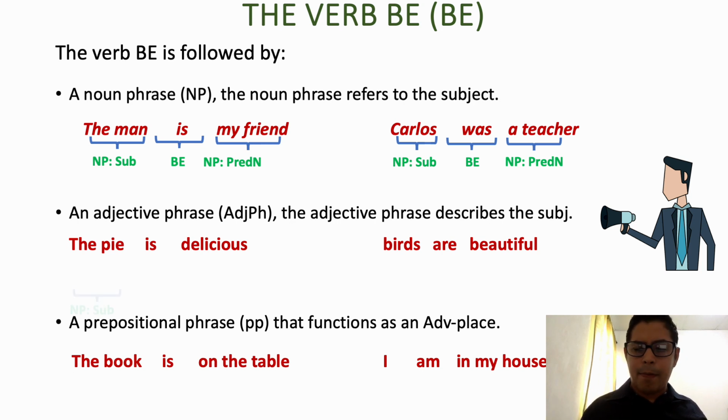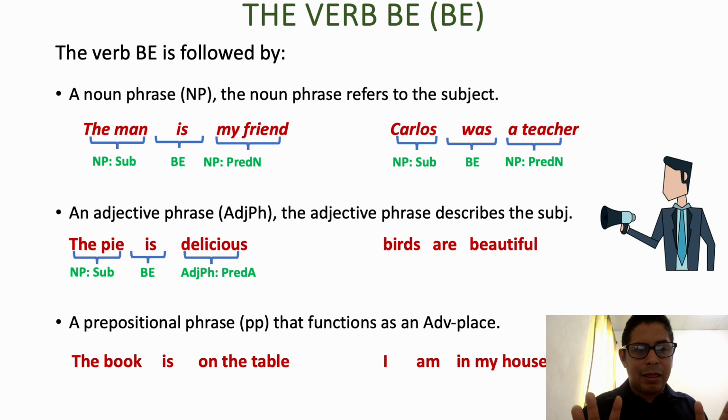The second case is similar to the linking verbs. Okay, so the pie is delicious. Same here. We have an adjective phrase basically giving a description of the pie. Same here with birds are beautiful. So beautiful refers to the birds.